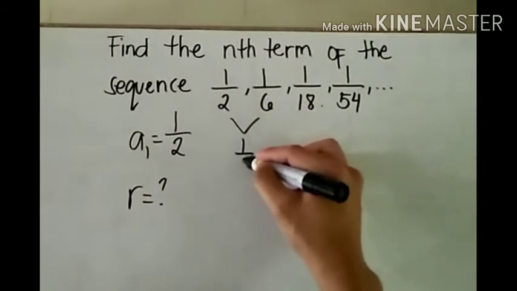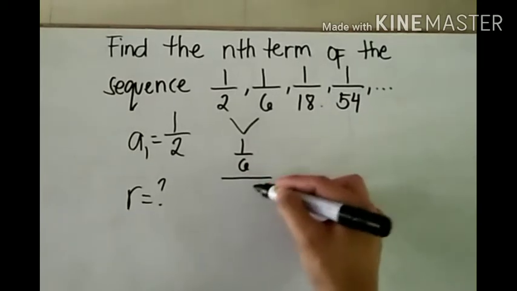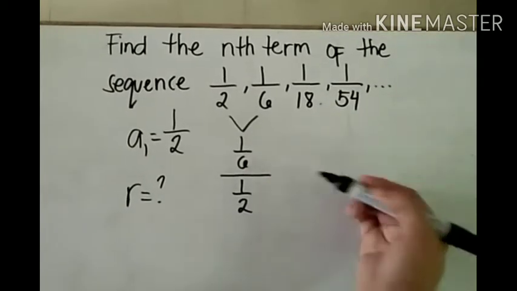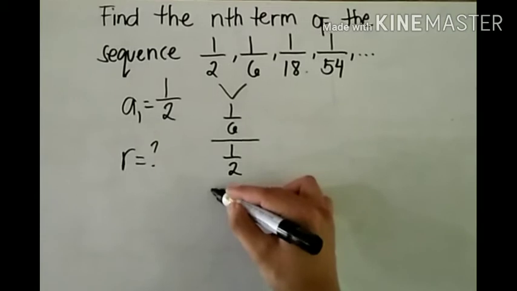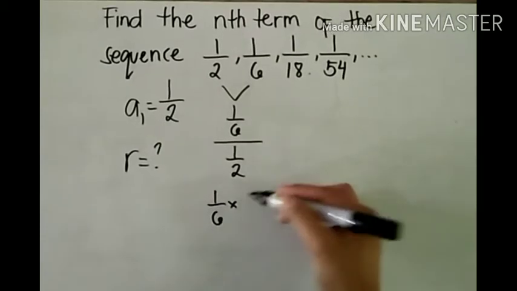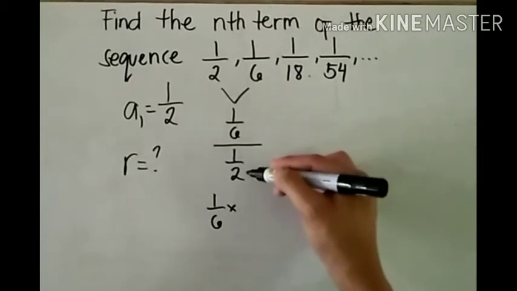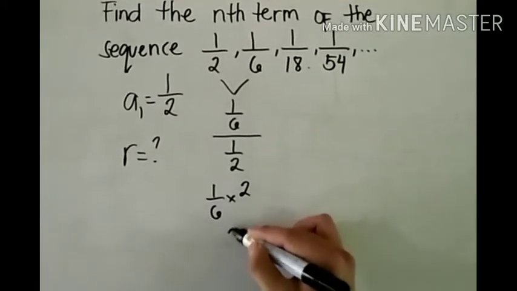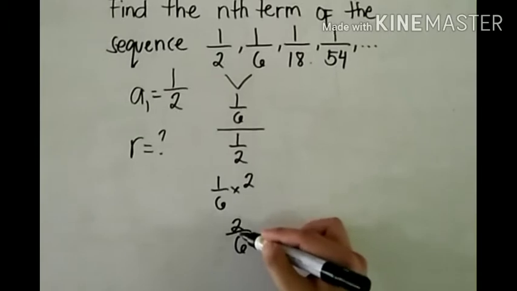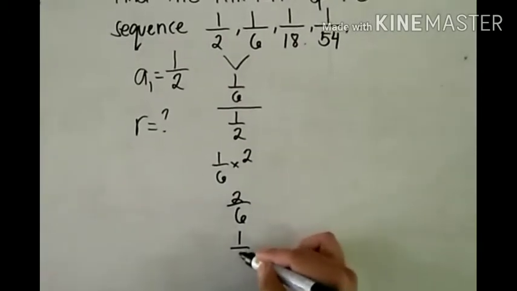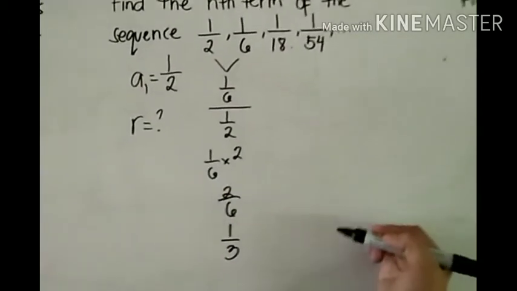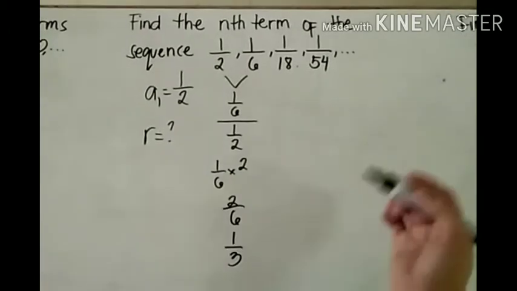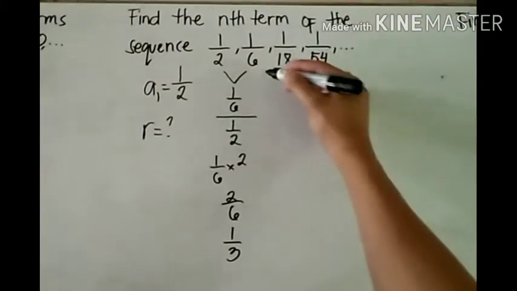We have 1 over 6 divided by 1/2. So, we have here 1 over 6 times, pagbalik na rin natin, kunin natin yung reciprocal, magiging 2. What is 1 times 2? 2 over 6. Ano ang 2 over 6? 1/3.